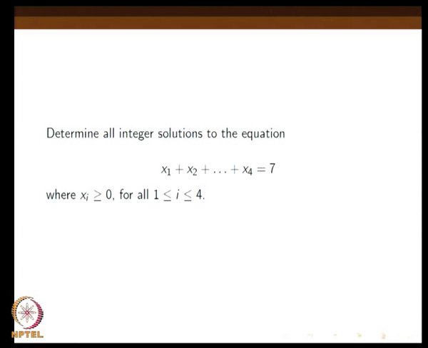We want to find the integer solutions to the equation x1 plus x2 plus x3 plus x4 equals 7, but each xi has to be at least 0, that is 0, 1, 2, 3 or 4, because we are only going up to 7. So xi has to be greater than or equal to 0, and it can only go up to 7 for each of them. How many solutions are there for this? This question we will discuss in the next class.